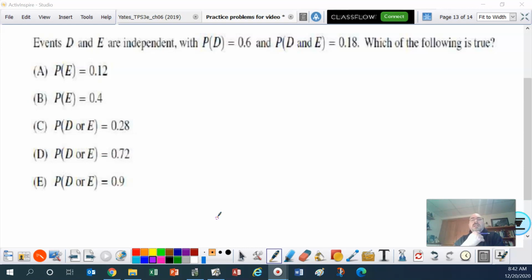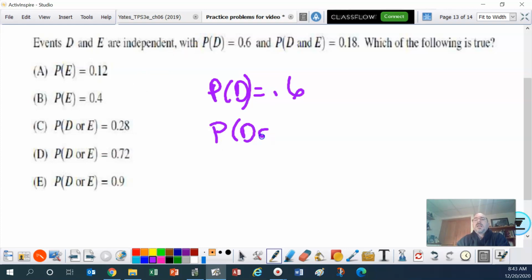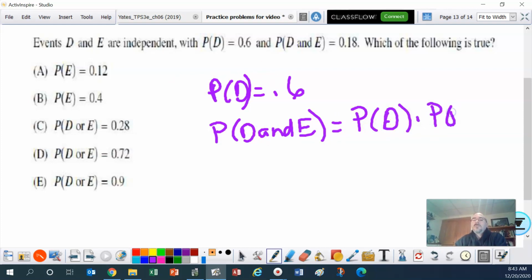Well, what I'm thinking here is, if they're telling me the probability of D is 0.6 and the probability of D and E, which means the probability of D times the probability of E, equals 0.18.